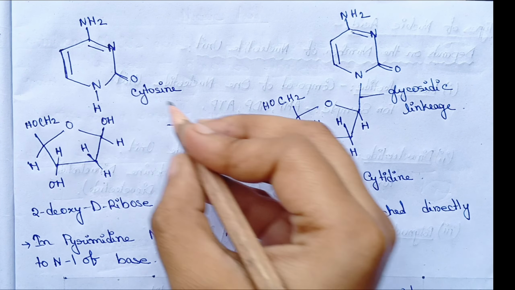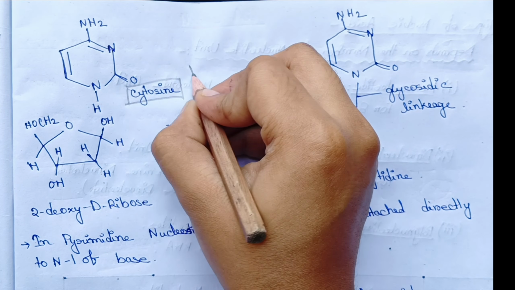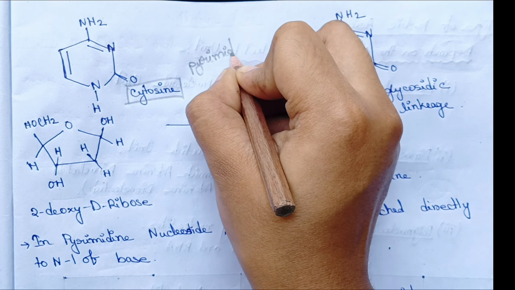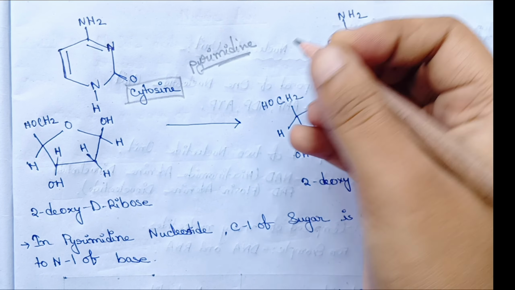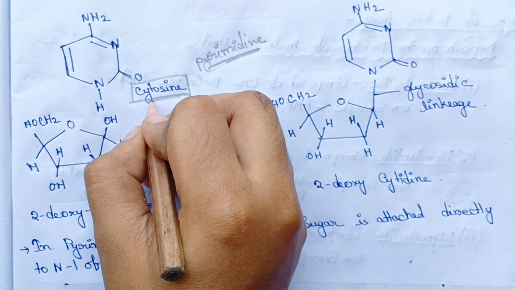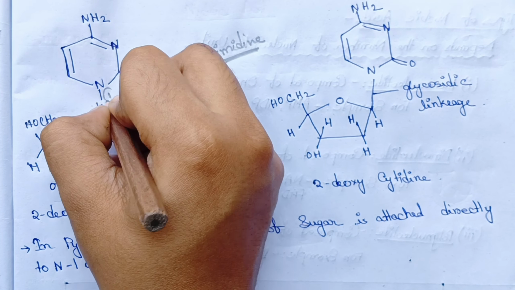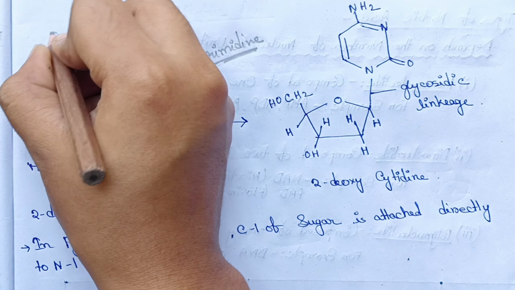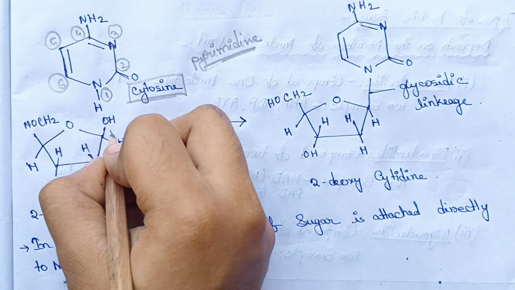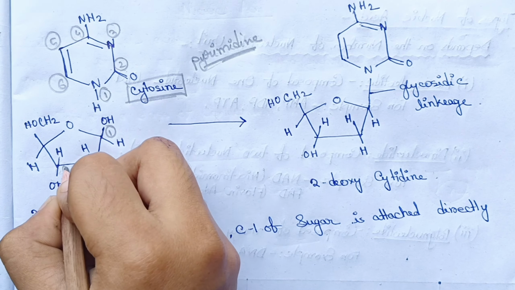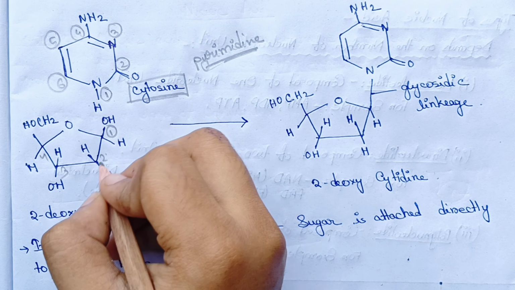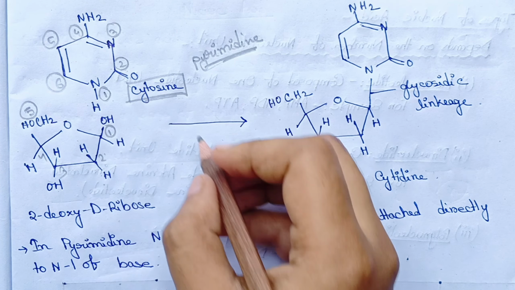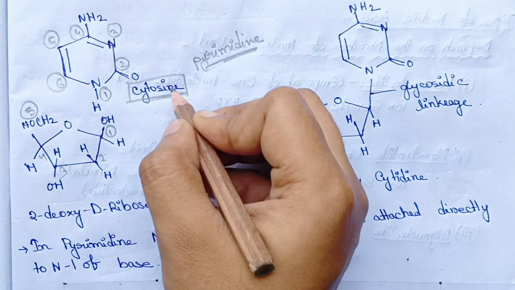Then cytosine is a pyrimidine nucleotide. So cytosine 1, 2, 3, 4, 5, 6, and sugar 1, 2, 3, 4, 5. So there is a cytosine.